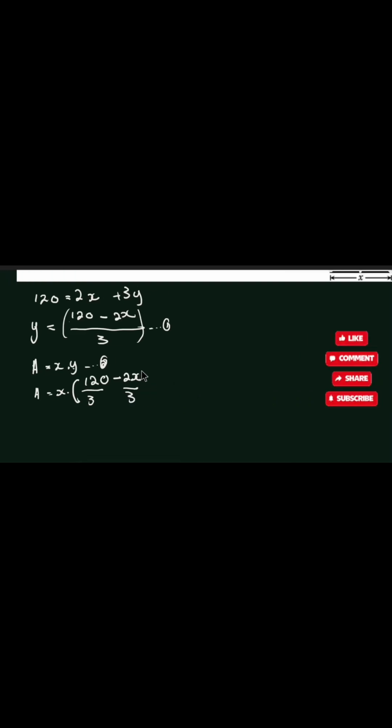Right, beautiful. So when we are there, 120 divided by 3 is going to give us 40. When we multiply it by this x, it's going to be 40x. So this is going to be minus, when we multiply 2 over 3x by x, it's going to be 2 over 3 x squared.